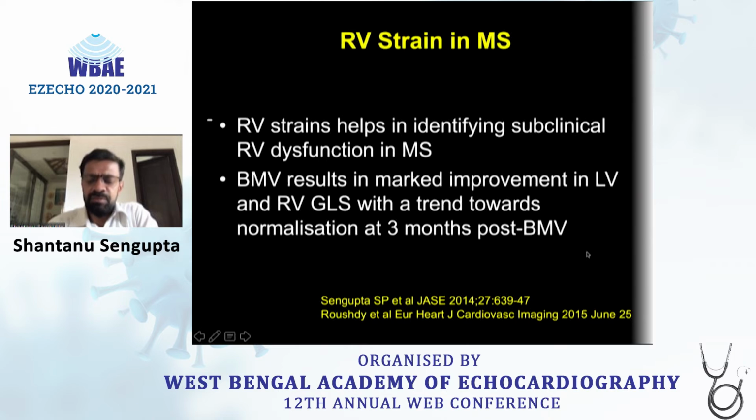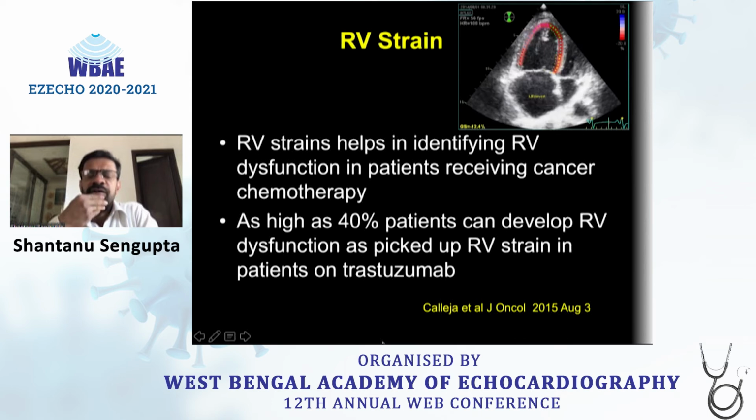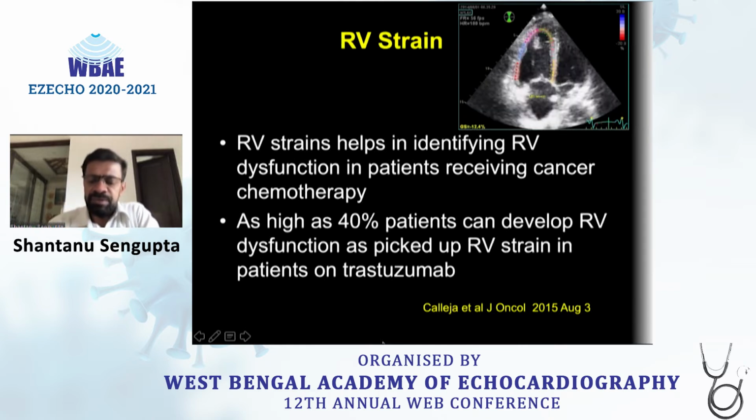This we have reported in our work in JASE. So RV strain has a lot of importance in patients with valvular heart disease, heart failure, and patients receiving cancer chemotherapy. And this is now being identified and put up extensively.